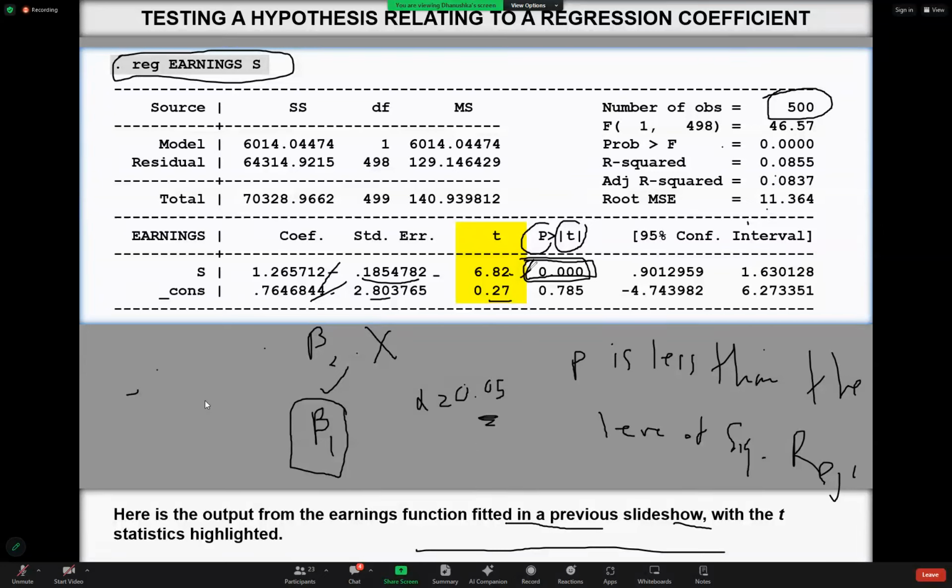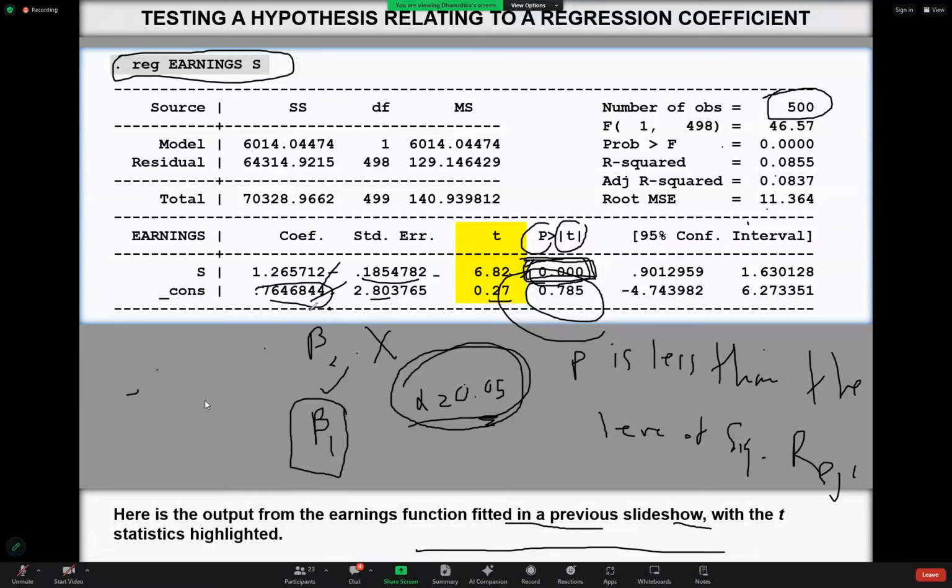It's very simple how to check. If this p value is greater than the level of significance, it is not significant. Now, for beta 1, p value is 0.785, which is greater than the level of significance.